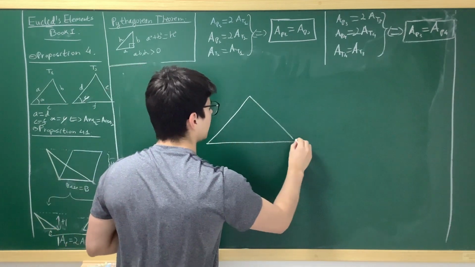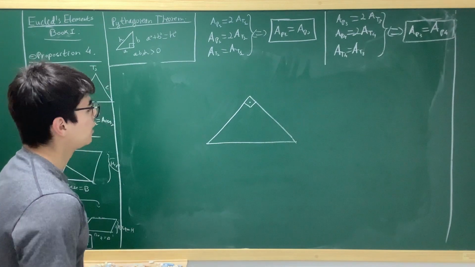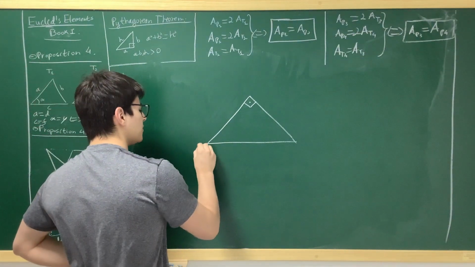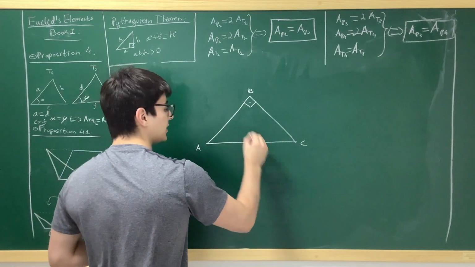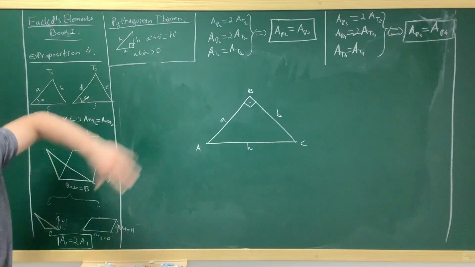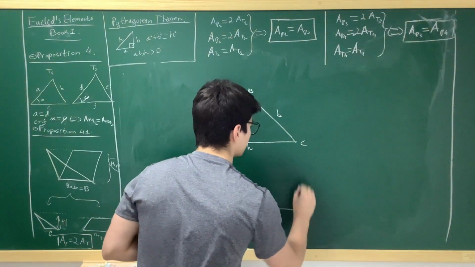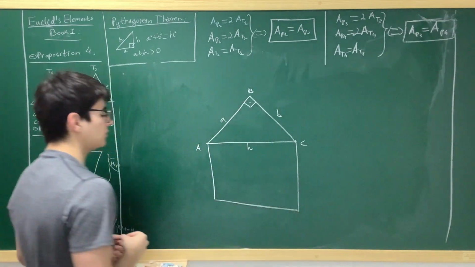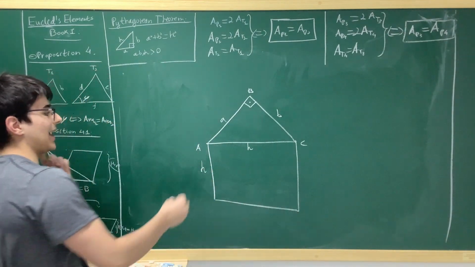We have a right angle triangle, and we have chosen the right angle to be here, and I don't remember exactly what names I gave everything, so I'm just going to call this A, B, C, and I hope that's right. This was H, this is A, and this is B. Our right angle triangle, we just flip it. Making this square, it looks more of a rectangle, it's a square. So H, another square.